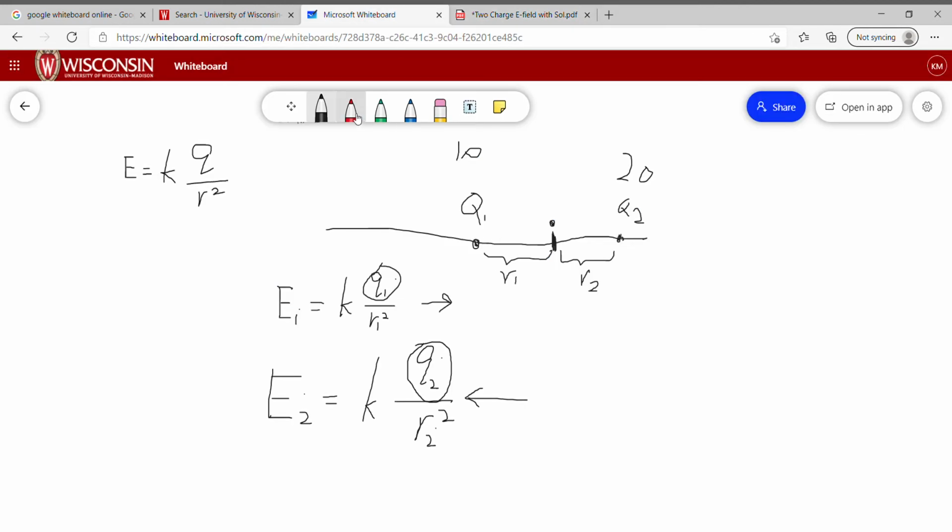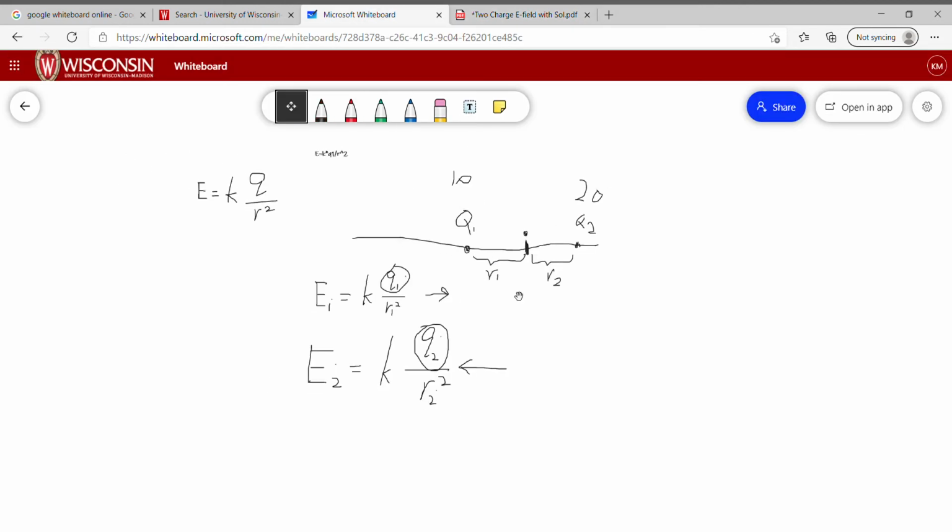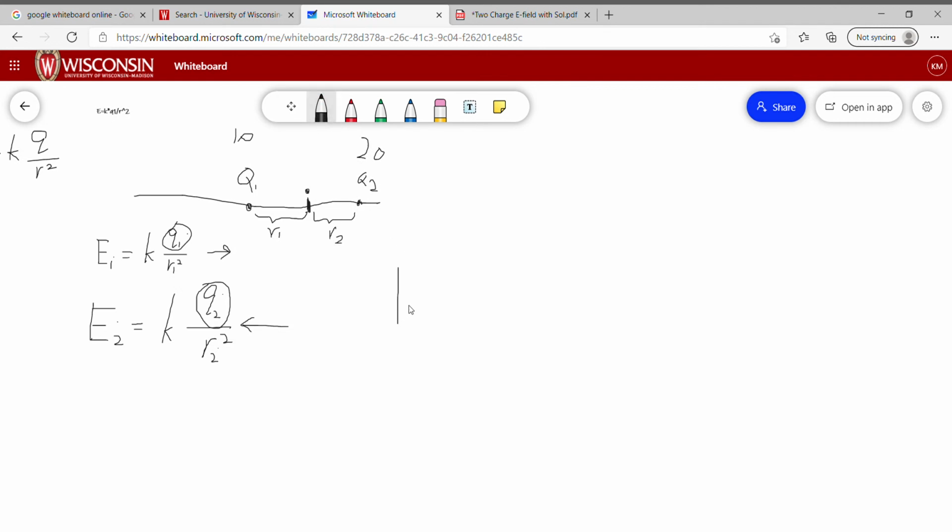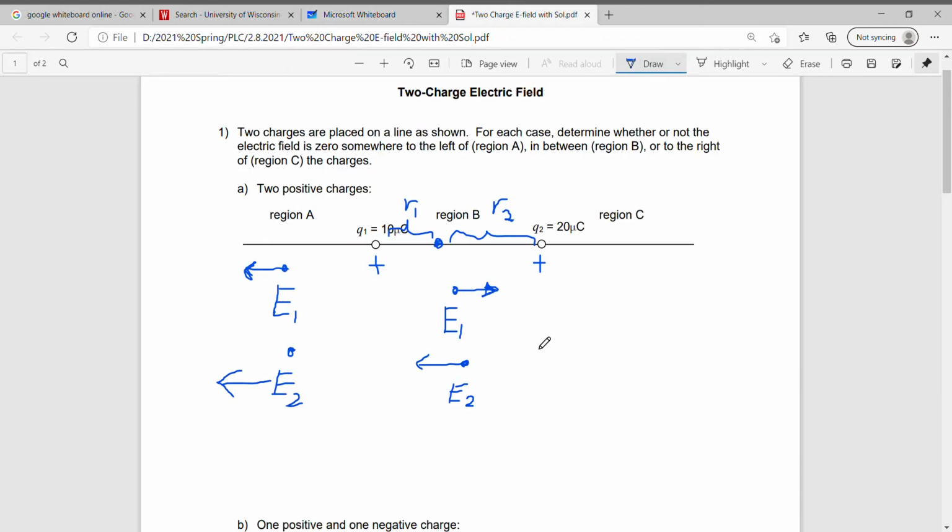Then we could have K times Q1 over R1 squared equals K times Q2 over R2 squared. So yes, there exists a position in region B where the electric field is 0.